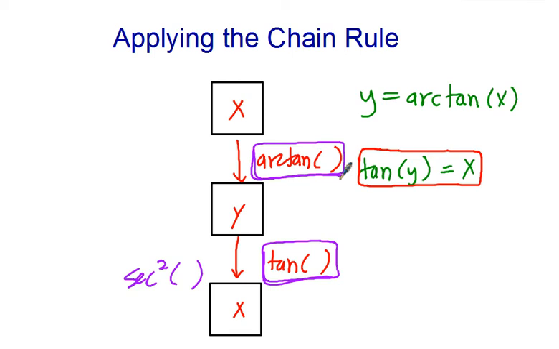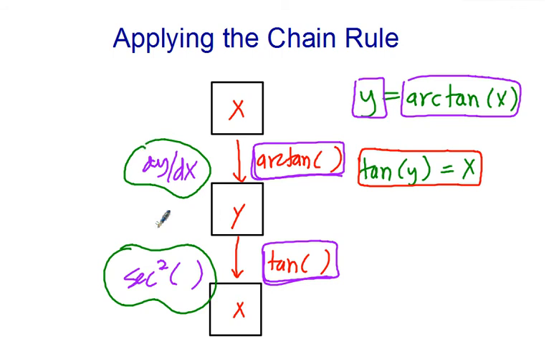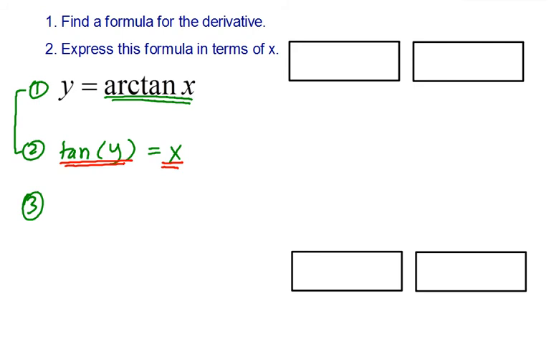We don't know what that is, but we do have a symbol for it. We'll represent that unknown using the symbol dy/dx, and that is the slope of this function. Here's where the chain rule comes into play. The chain rule tells us that rates of change multiply, so we need to find the product of these two quantities and multiply them together.